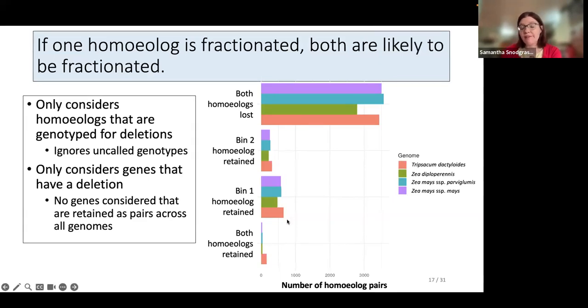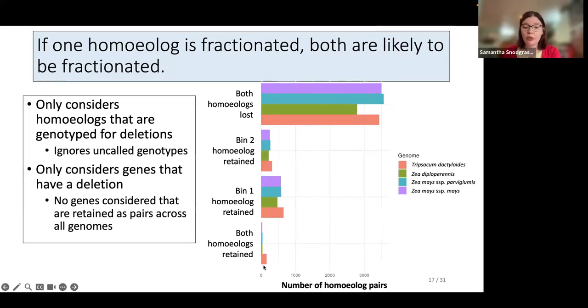But we do see evidence of the biased fractionation that has been noted within maize previously, where one of the bins is more likely to be retained and the other bin is more likely to be lost. So here we see much more of the pattern where bin 1 is being retained versus where bin 2 is the one being retained. So that seems to hold up.